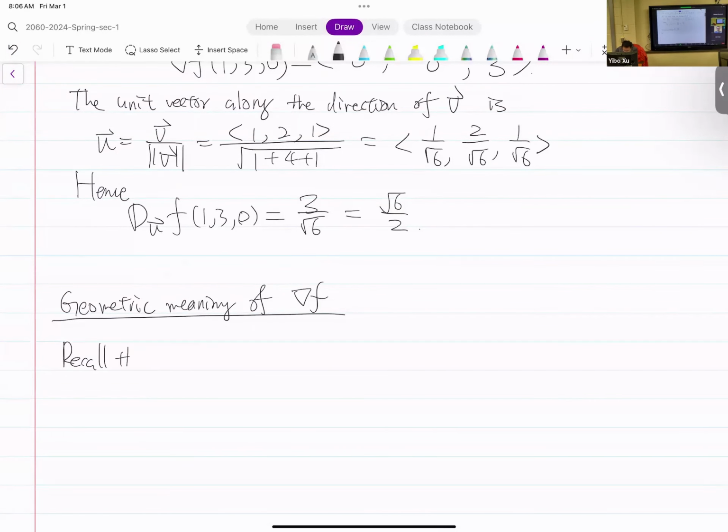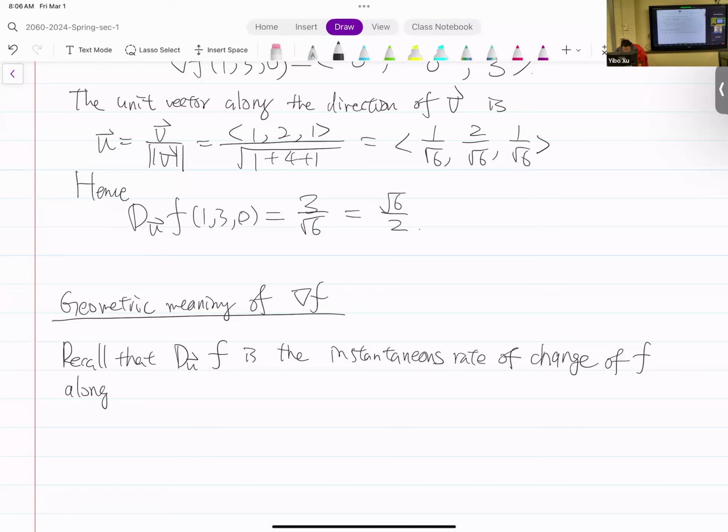Recall that the directional derivative of a function is the instantaneous rate of change of f along direction u.